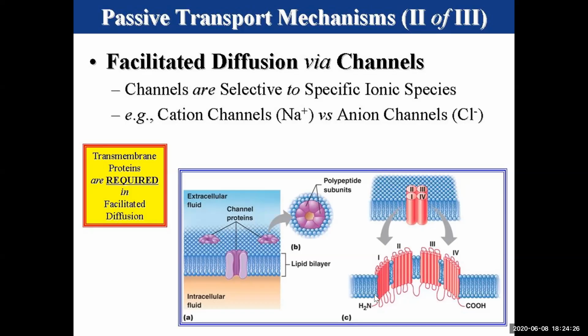So this is showing you its structure. From the beginning of the protein, the amino terminus, and the carboxyl terminus, the end of the protein, going through the membrane multiple times. And when they come together in terms of the tertiary structure, they have an opening here. They can shut the opening or they can open up the opening.